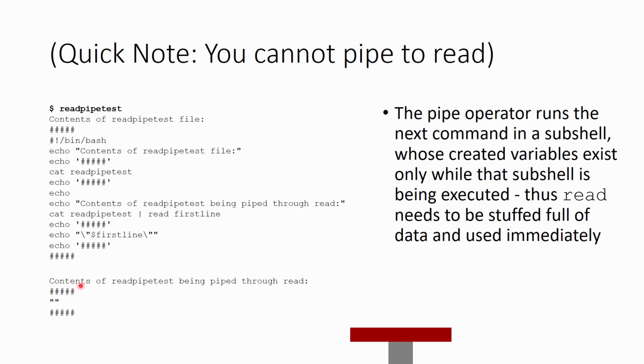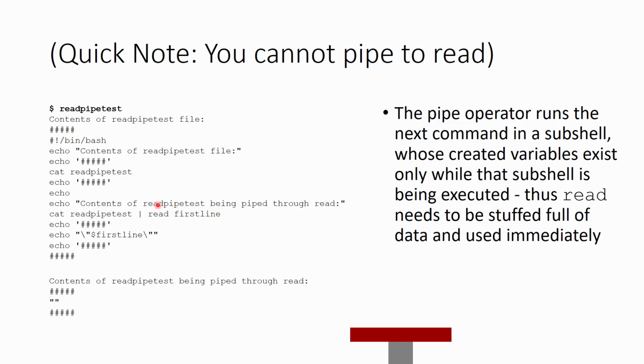And the answer is because of subshells. What's actually happening here is that there's a separate subshell that is generated by this pipe operator. So yes, data was stuffed into it from the standard out of the cat command, but the pipe operator that took the data in as standard in created a whole brand new shell.